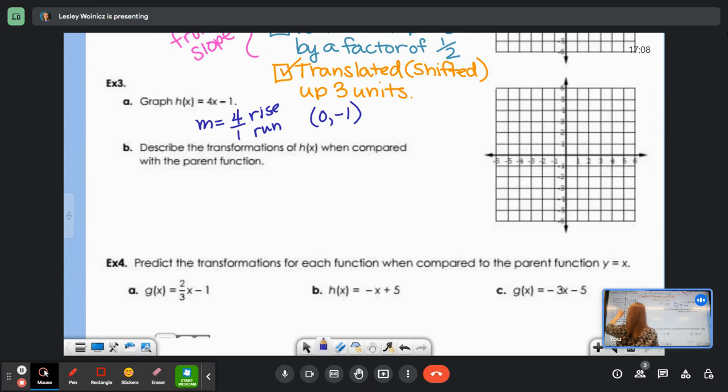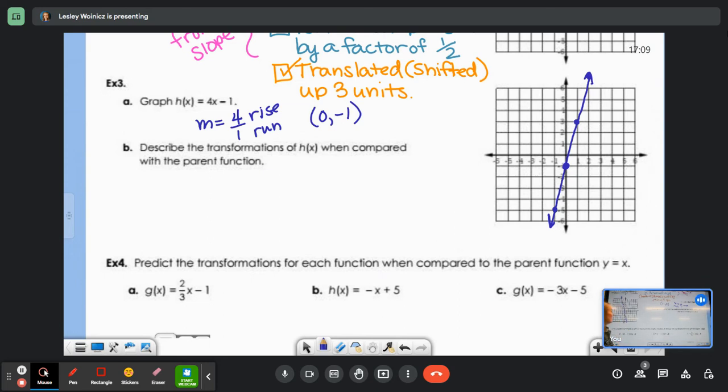So I start at my y-intercept, (0, -1), and I rise 4, run 1. Rise 4, run 1. I'm off the grid, but that's okay. I can go backwards too. So I can fall 4, go backwards 1, and get another point. Okay, connect them. Make sure you've got arrows on both ends.